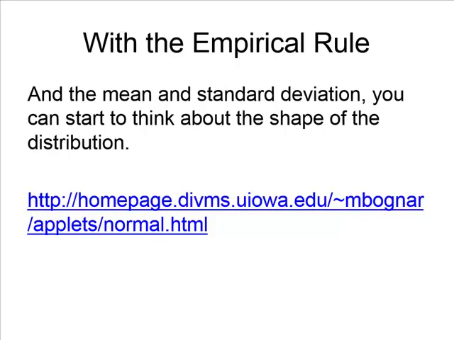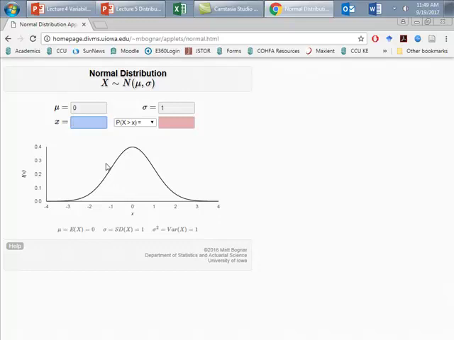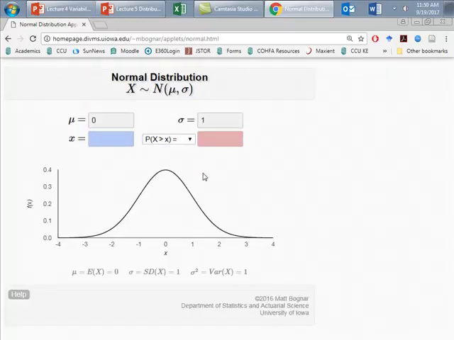of our distribution. I'm going to show you a little applet. This applet will draw for us a normal distribution. Math speak, up top here, let me make it bigger. Normal distribution: X is a variable that's tilde, little squiggly line, distributed N, for normally. N stands for normal distribution.